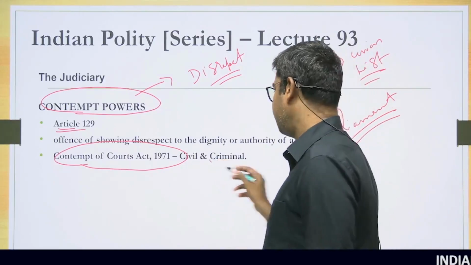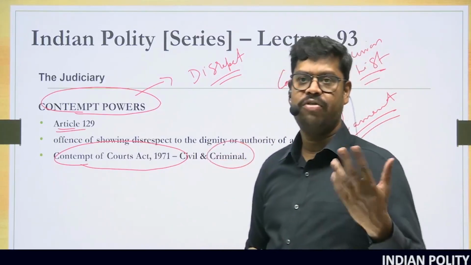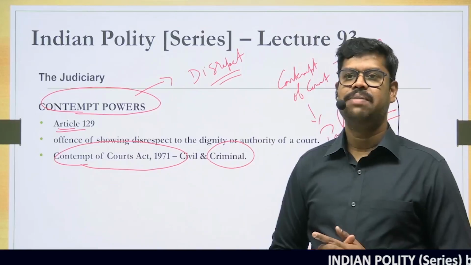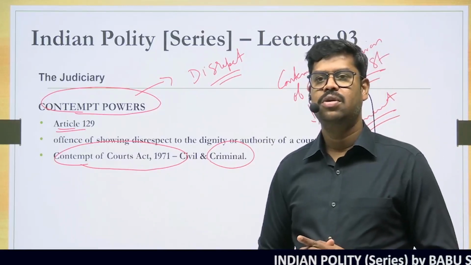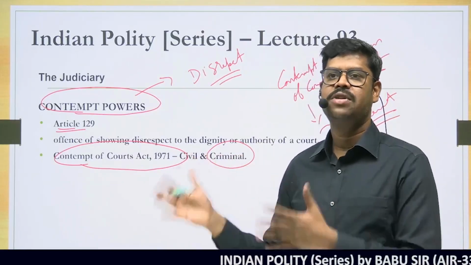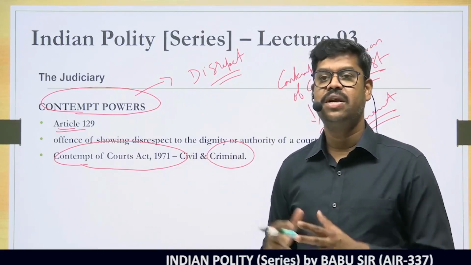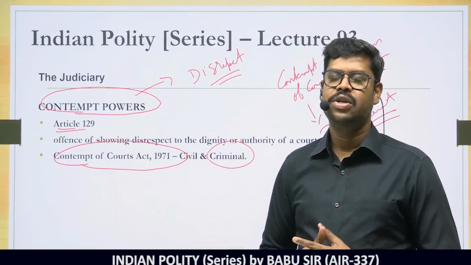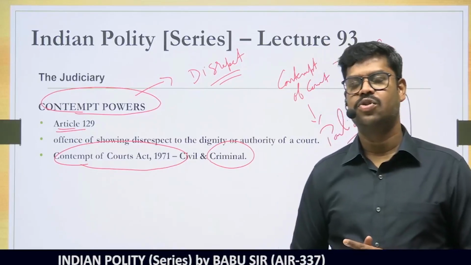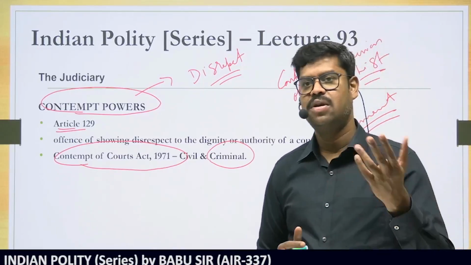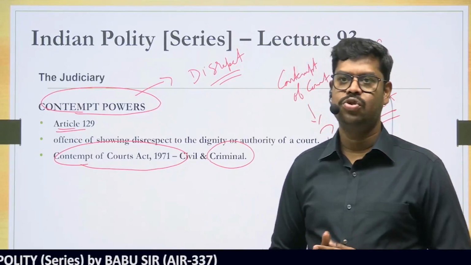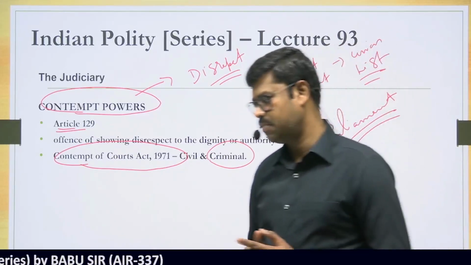In case of criminal contempt, the court can provide for imprisonment also, where somebody is trying to prevent the court from administering justice, or somebody is bringing disrepute to the court. In all these cases, it can be considered what is called criminal contempt, for which even imprisonment can be awarded by the court. So this is basically what is called criminal contempt.